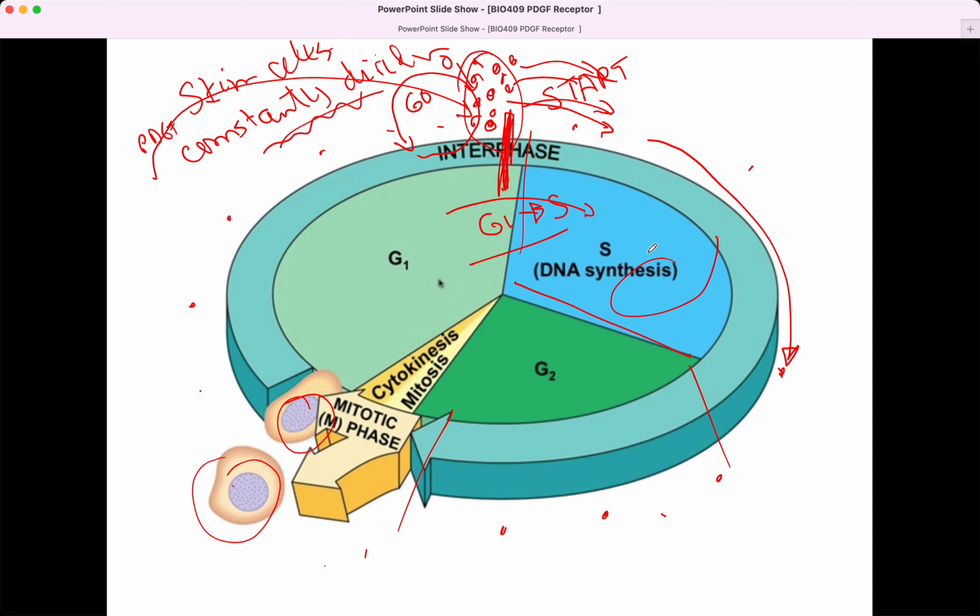We're going to stimulate that start step like that, okay? There's a rate limiting step, why these guys are paused here, and the PDGF through the PDGF receptor and the signal transduction pathway is going to increase that rate limiting step. And that's going to involve some changing gene expression like that.